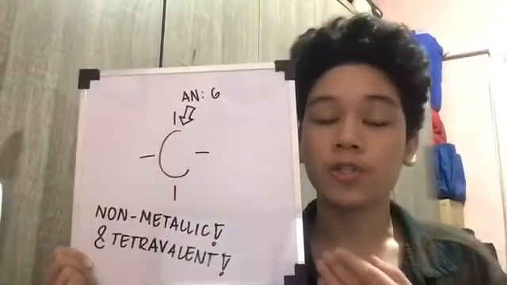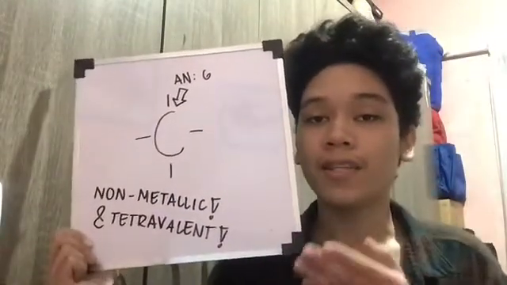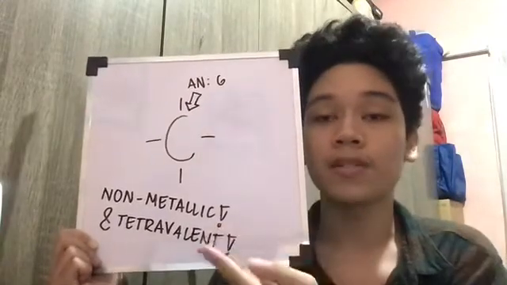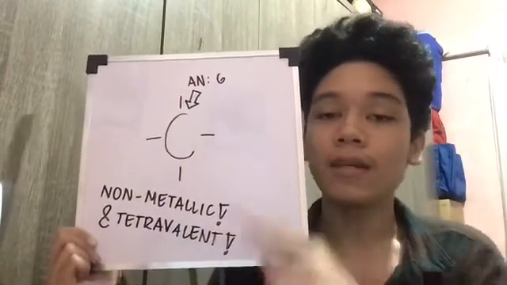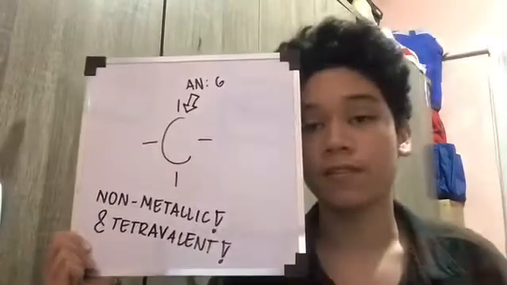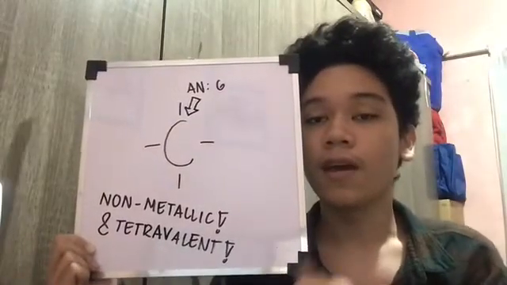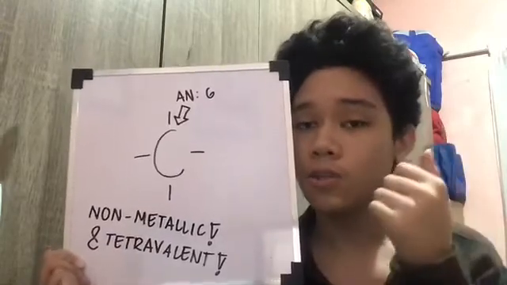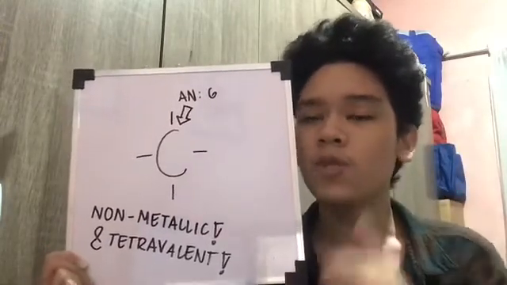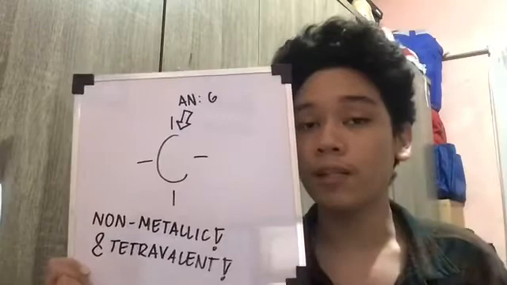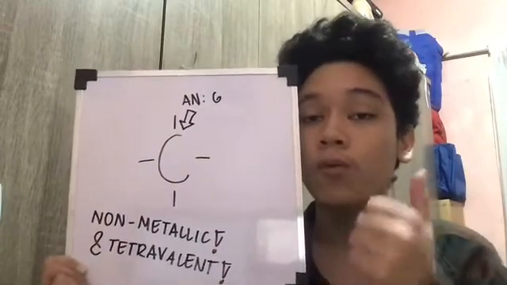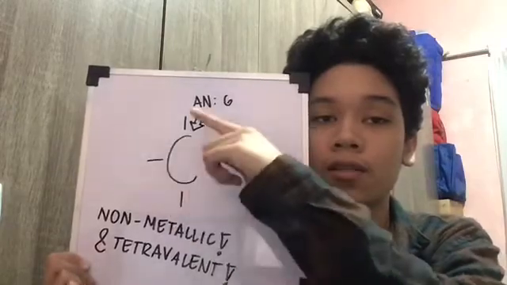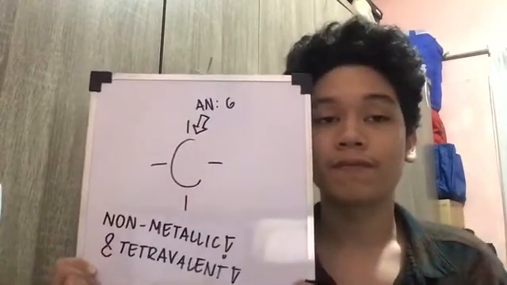Looking at the illustration on the board, carbon is a chemical element with the symbol C. It has an atomic number of 6, as you can see right there. It is also non-metallic, surprisingly, and it is tetravalent, which means it has 4 available electrons to form covalent bonds, as represented by the lines around the carbon.